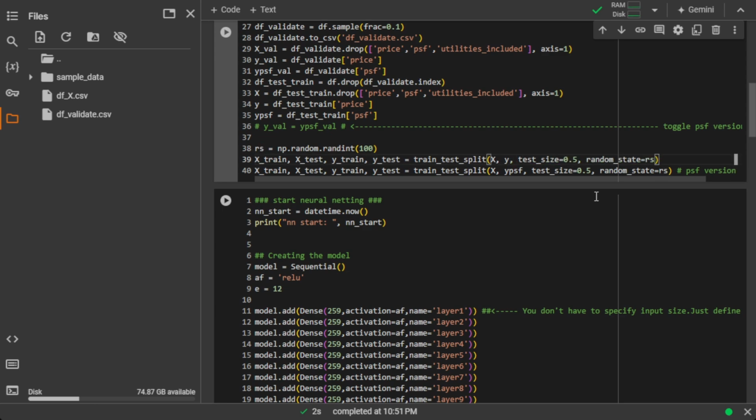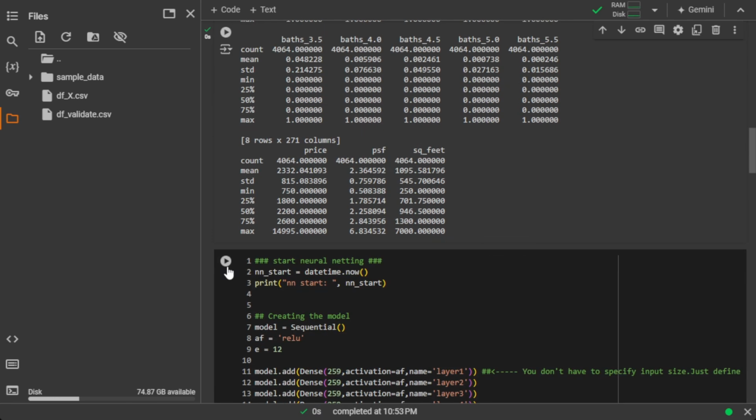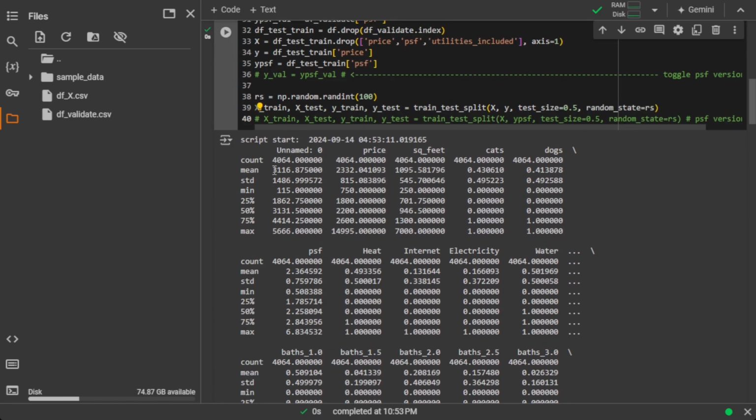We'll uncomment this and we'll comment this. Now let's run that. Okay, what do we have? We've got a mean of $2,332 in rent for the average rental property.